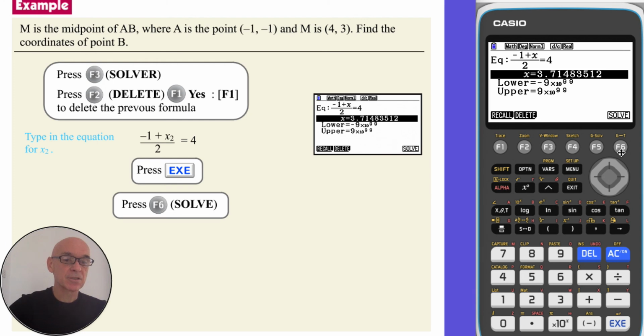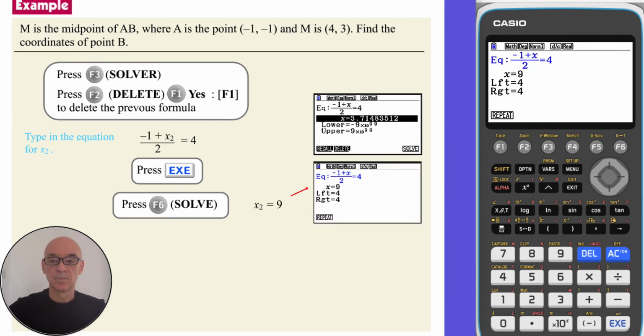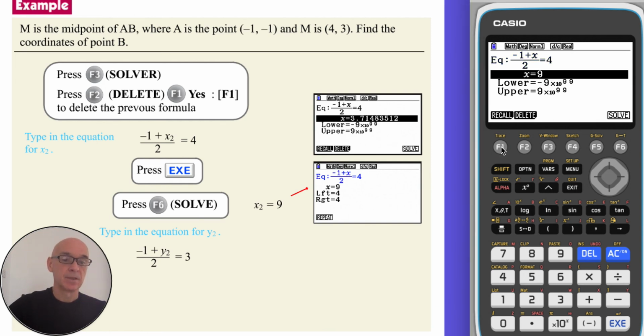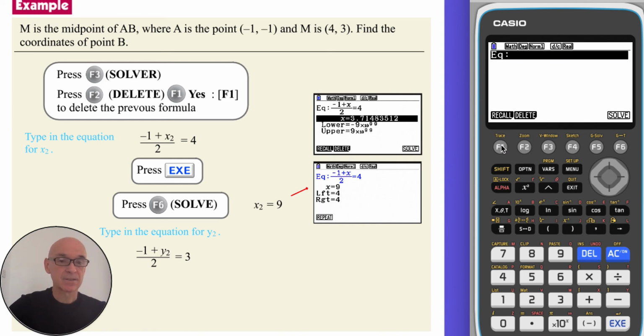Pressing F6 to solve the equation gives x equals 9. Then typing in the equation for y2, and to do this I press F1 for a repeat calculation, and then F2 to delete the previous one, F1 to confirm that. I can now type in the second equation.